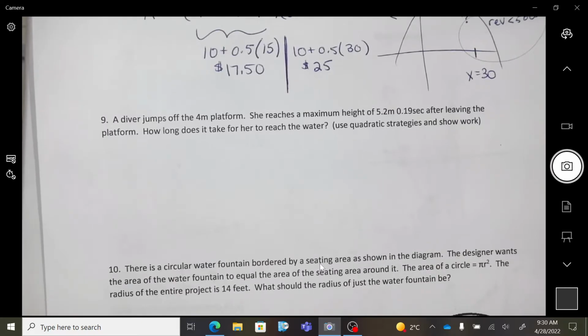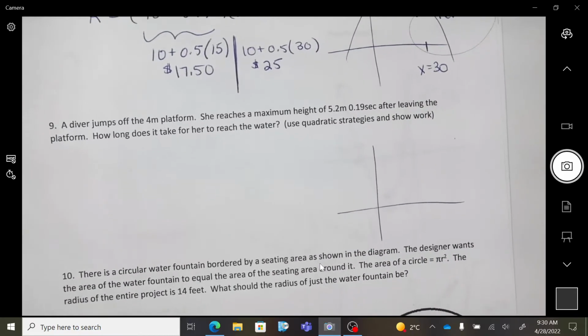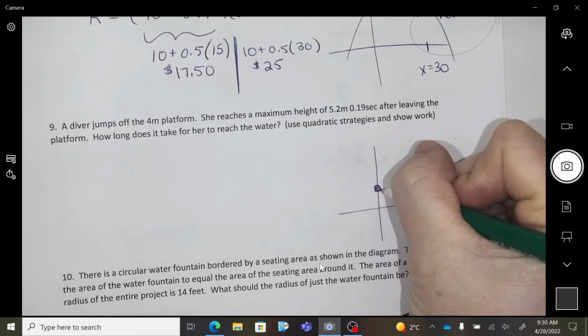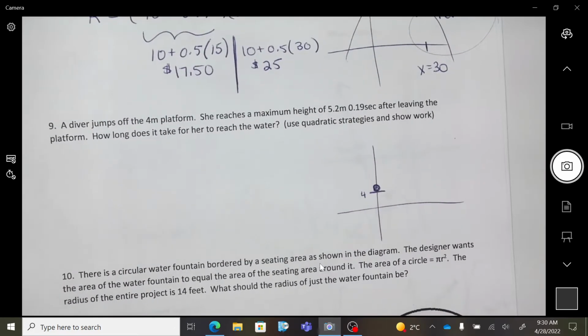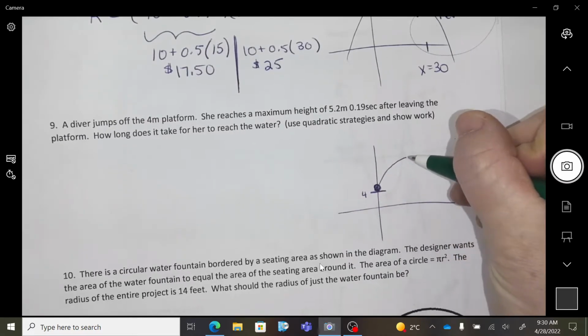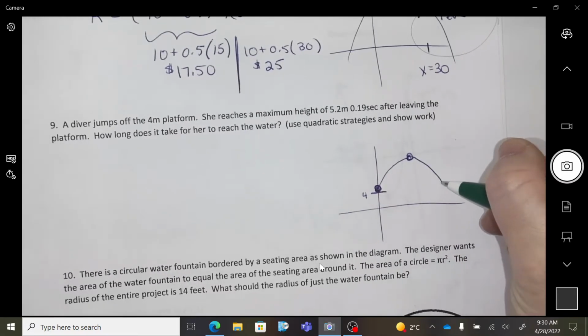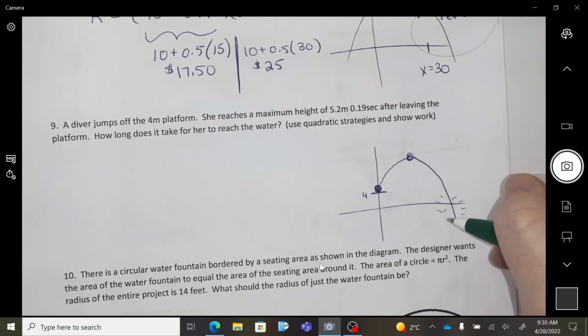Okay, 2 more questions. A diver is jumping off of a 4-meter platform. So your diver is here at a 4-meter platform. And then they reach a max height. So they go up. And then your diver will splash in the water.